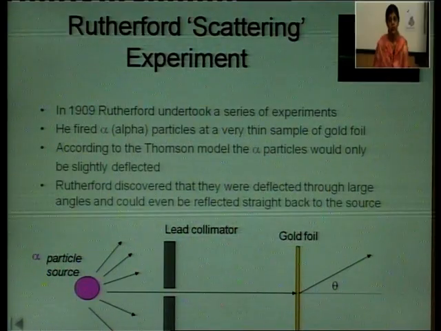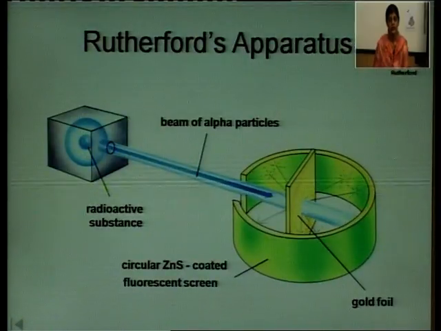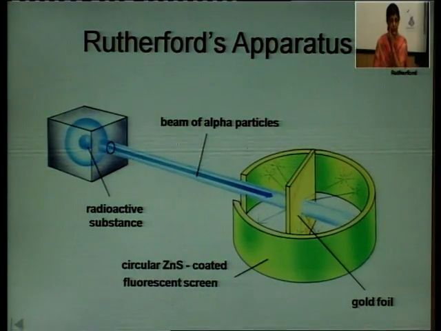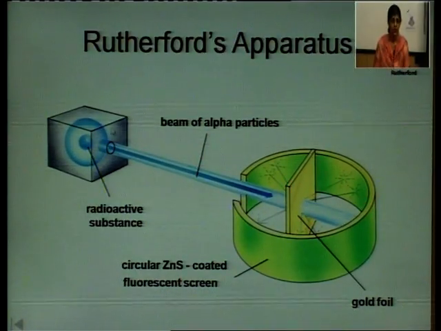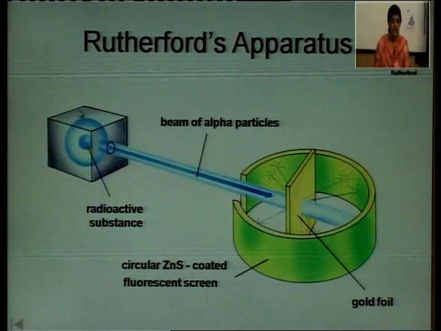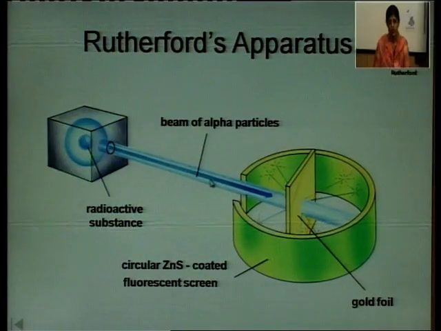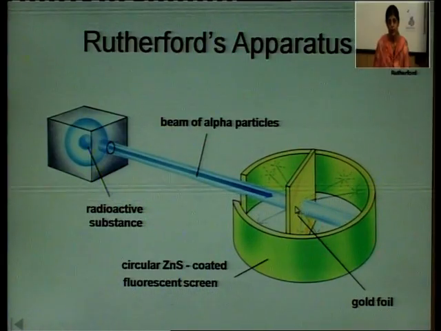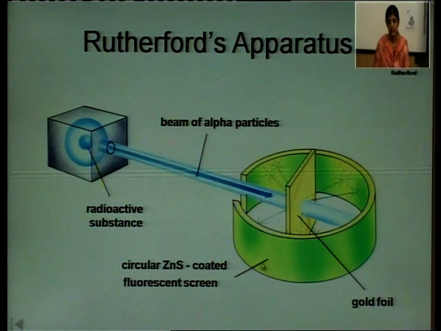Just see in that corner, we are getting it. This is the apparatus that was used. Here is the radioactive substance in the center. This is placed in a lead block, and from here a beam of alpha particles is coming. This yellow portion is the gold foil. This is the zinc sulfide screen, a fluorescent screen.